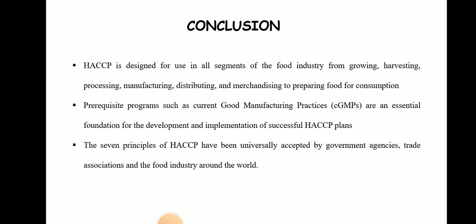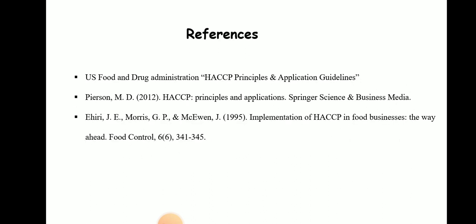Prerequisite programs such as current good manufacturing practices are an essential foundation for the development and implementation of successful HACCP plans. The seven principles of HACCP have been universally accepted by government agencies, trade associations, and the food industries around the world. These are some of the references for advanced reading on the same topic.